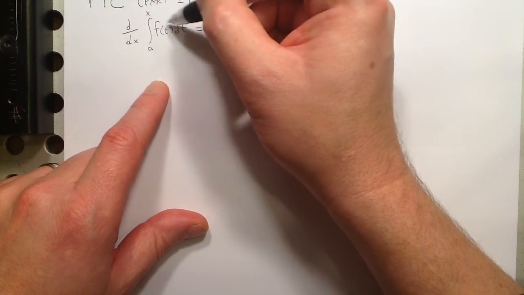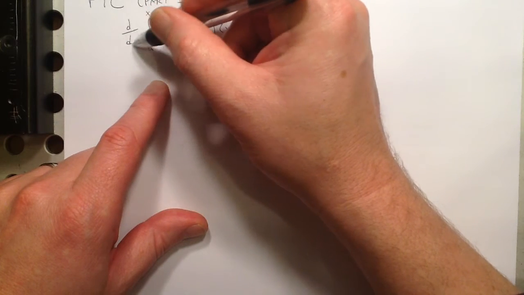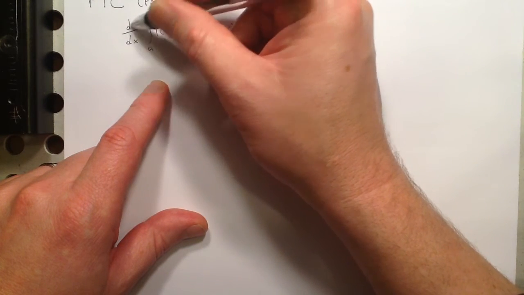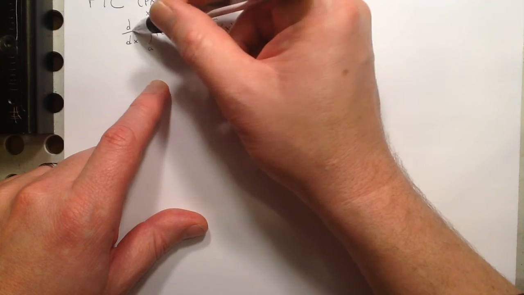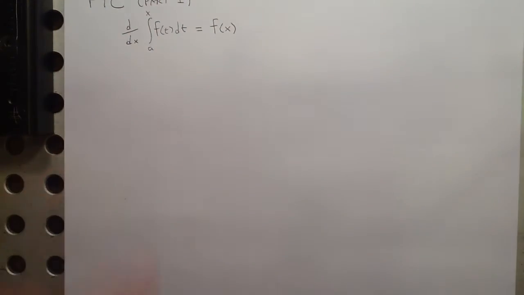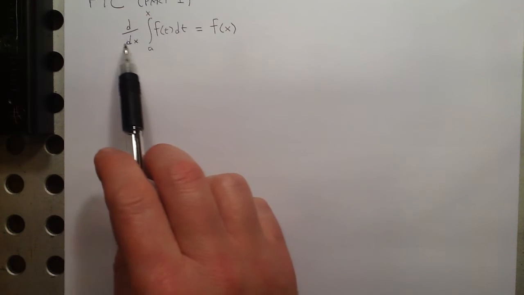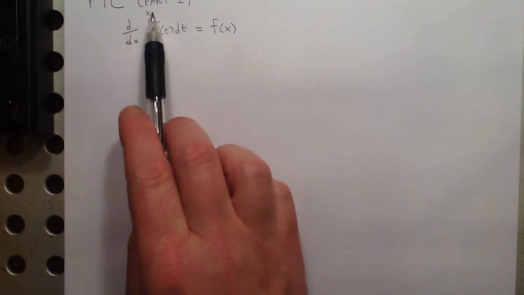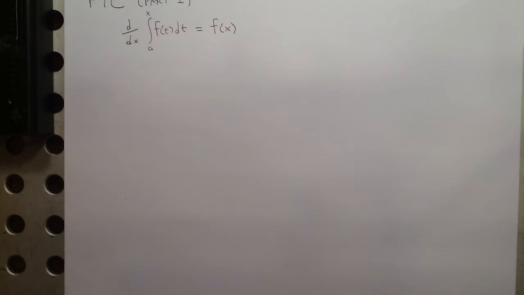So the derivative and the area cancel each other out, and you just get the function that was inside, the f function. That is telling us that taking the derivative and finding the area are inverse operations of each other. And that is a powerful thing.